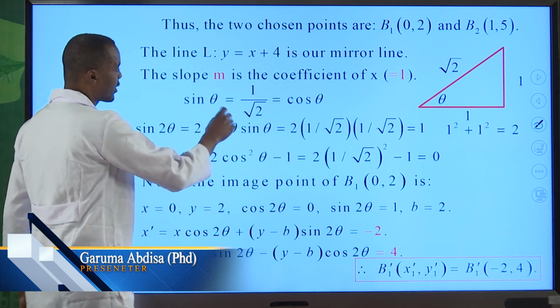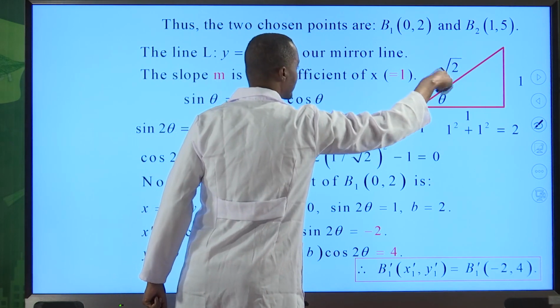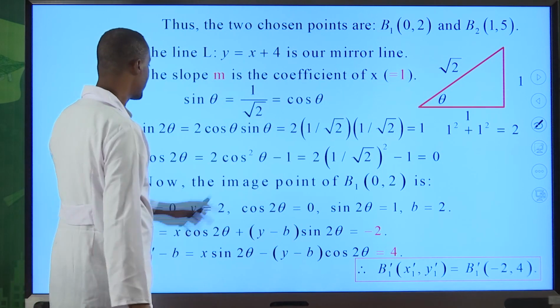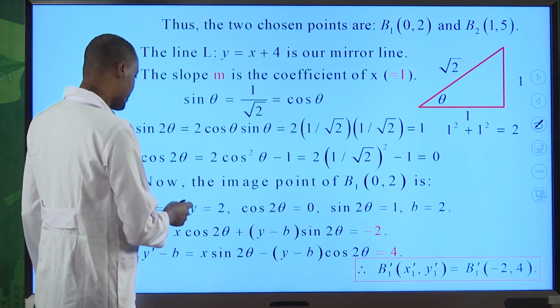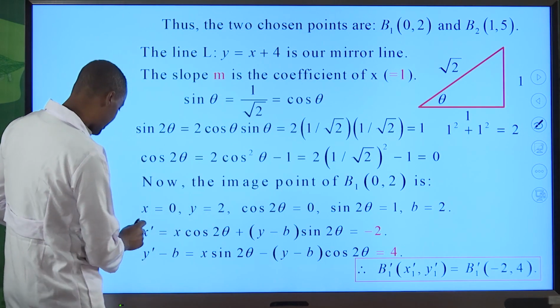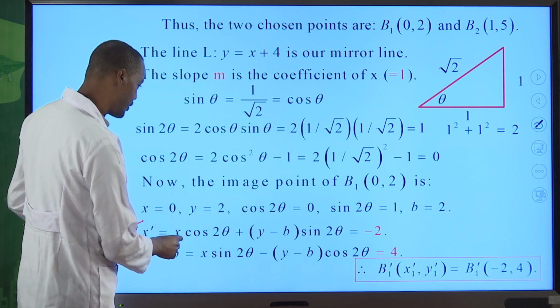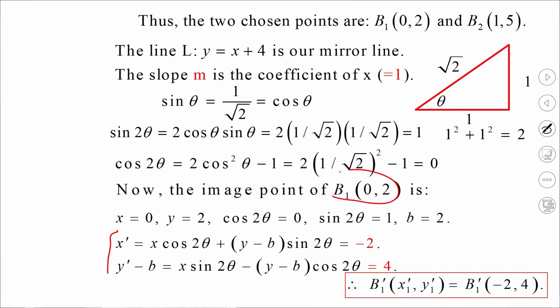So here are my angles from the slope. I can directly write this triangle, and correspondingly I can obtain the sine values and the cosine values from that, and then we can directly find an image for one of those lines. For example, if I first choose B1 equal to 0, 2, the image of that will be -2, 4.